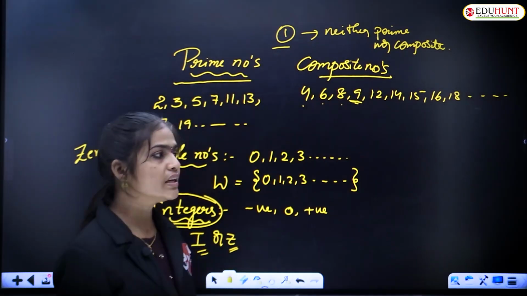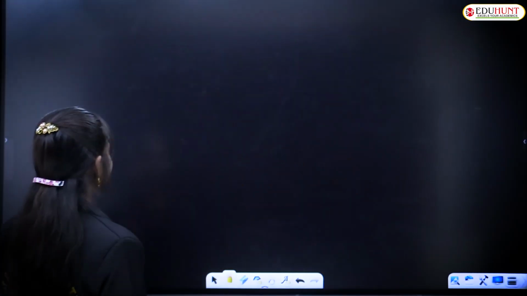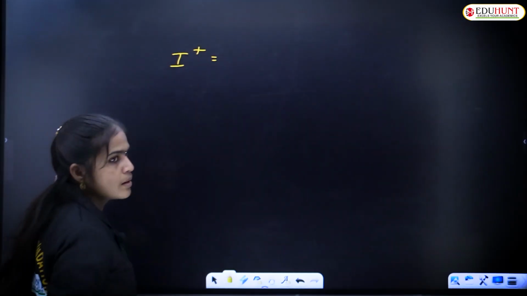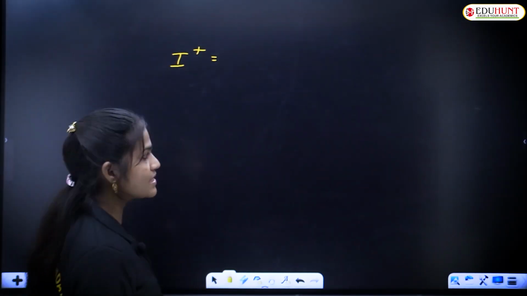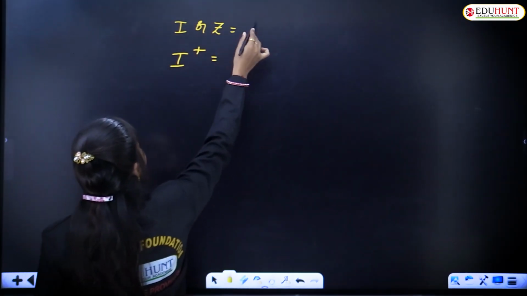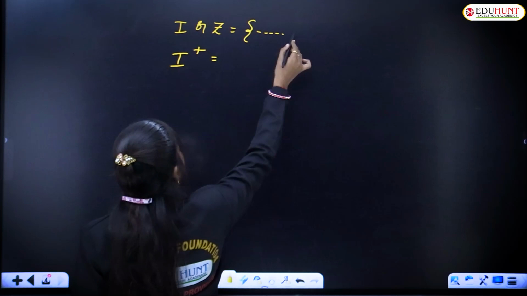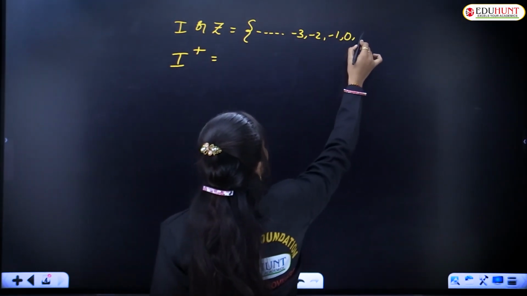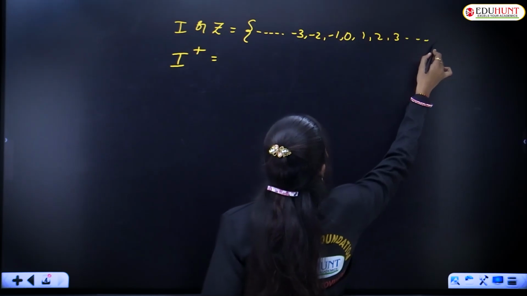Okay children, how to write the set form? Integers, positive integers and negative integers. Before going to that, just write the set of integers: -3, -2, -1, 0, 1, 2, 3 and so on.